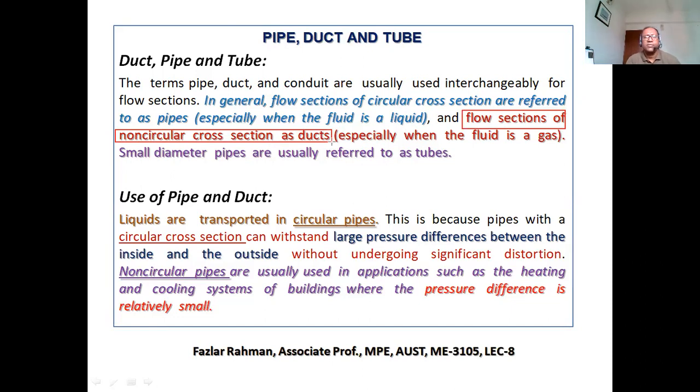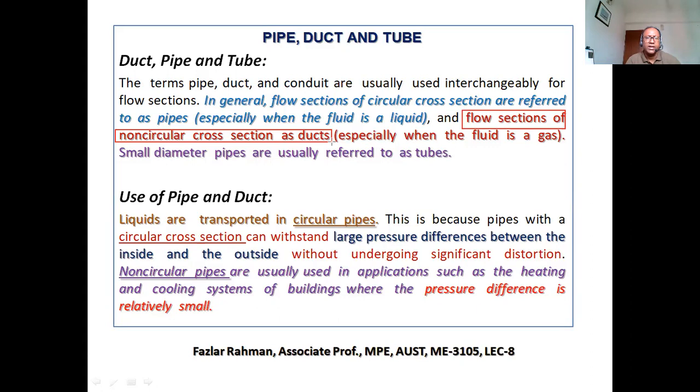Smaller diameter pipe is called tube. So pipe is normally used for high pressure liquid, and if you need to move low pressure air or low pressure gas, then you can use rectangular instead of circular. And a very small diameter pipe is called tube. That is the basic difference.